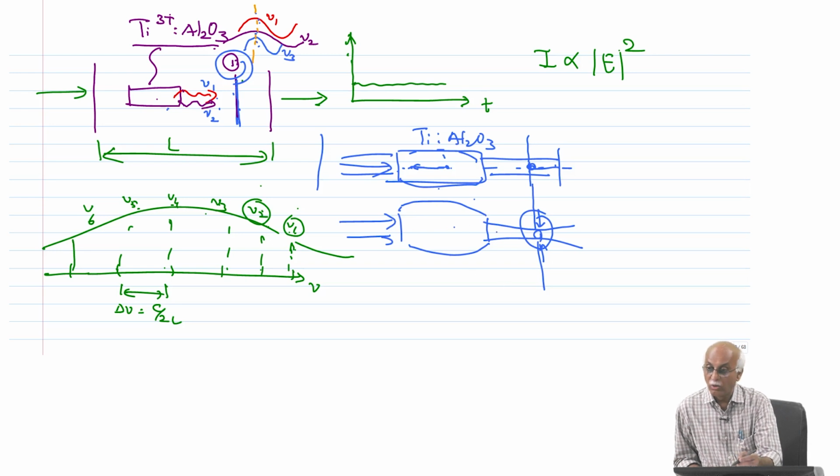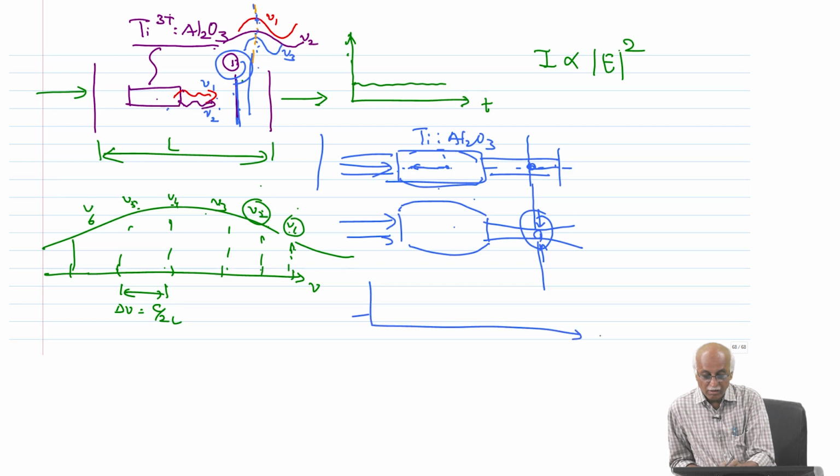So, these are all approaches which are used to add up this. Now, you can see that if the number of modes is large enough, and they are in phase at one position, they will all add up in intensity. If you plot time versus intensity, it will have a very sharp peak, then another sharp peak after one round trip.